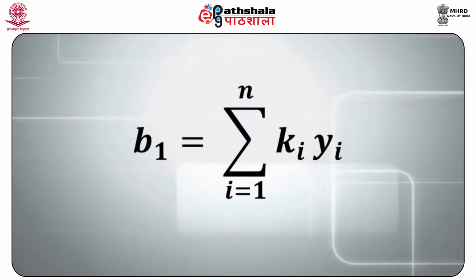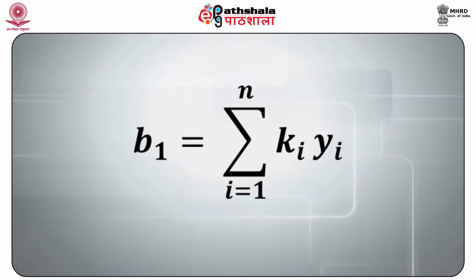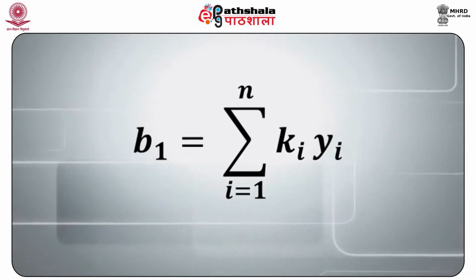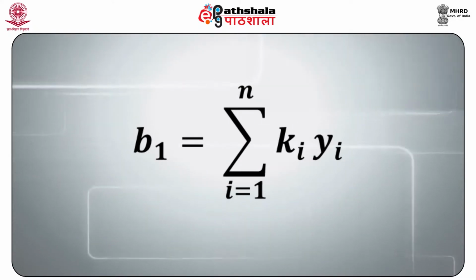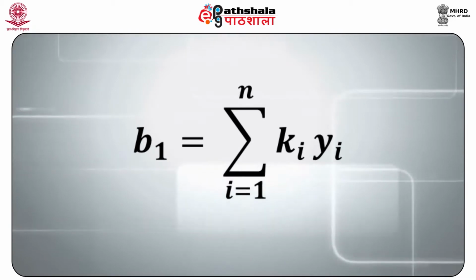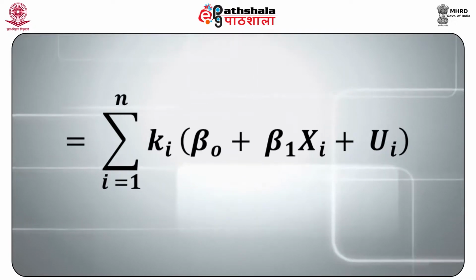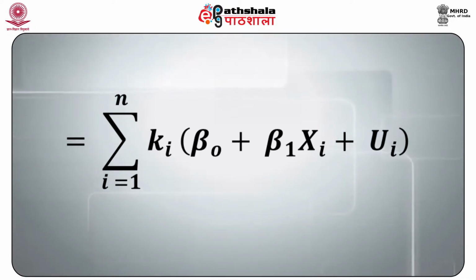So to prove the unbiasedness of the OLS estimator B1, we need to rewrite our estimator in terms of the population parameter. So what is B1? B1, as we defined earlier, is equal to sigma ki yi, where i is from 1 to n, which need not be repeated every time. On substitution of the value of yi, we have sigma ki (beta 0 plus beta 1 xi plus mu i), which is from our population regression function.